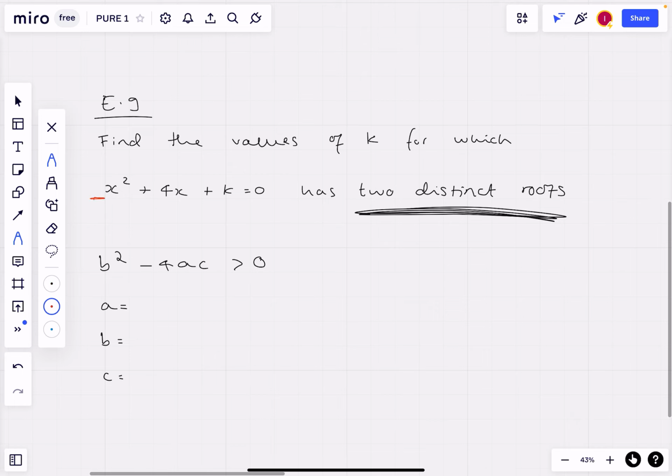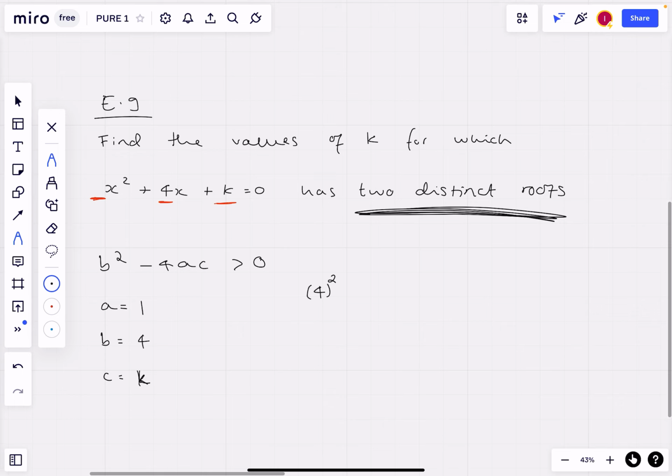You're going to look at the numbers in front of your x squared and your x, and then you're going to look at your last value. So your a is 1, b is 4, c is k. And all you're going to do is sub it into your discriminant.